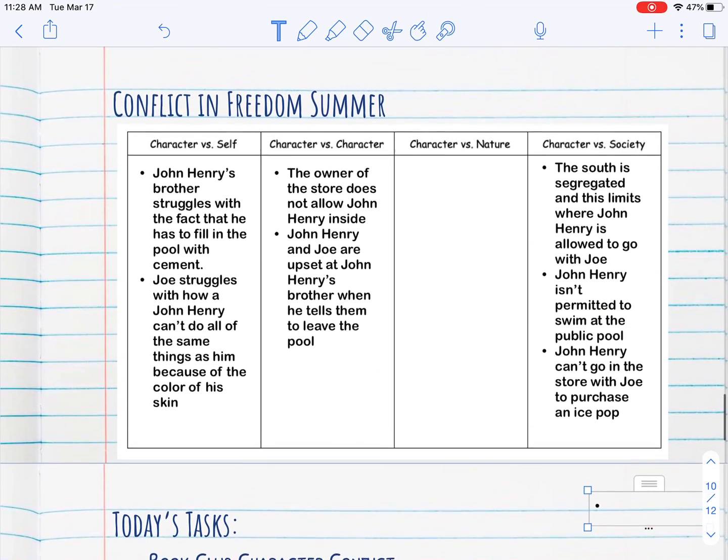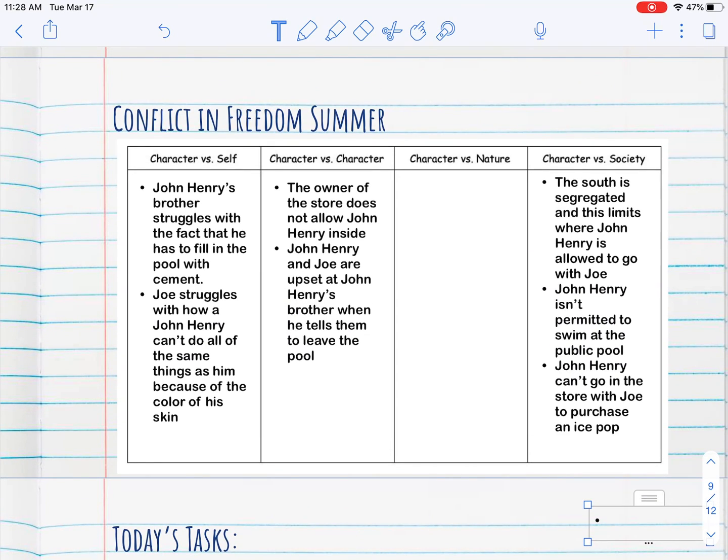So as you can see, characters have multiple types of conflict they can encounter. They can have struggles within themselves, they can struggle with other characters, and they can struggle with nature or society. So what I want you today to do is to think through what you've read in your historical fiction book club book so far.